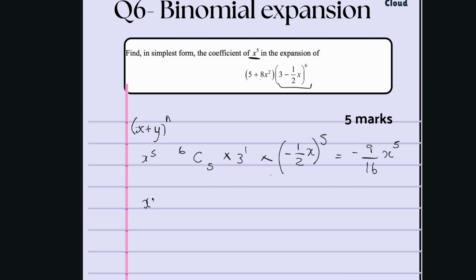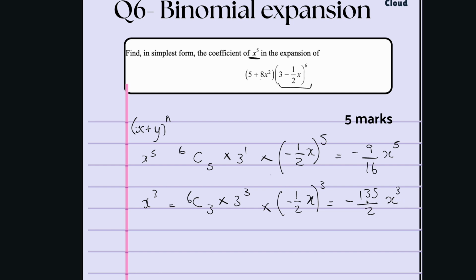So to get x to the power of 3, we would do 6 choose 3 times 3 to the power of 3 times minus a half x cubed, which is minus 135 over 2 x cubed.